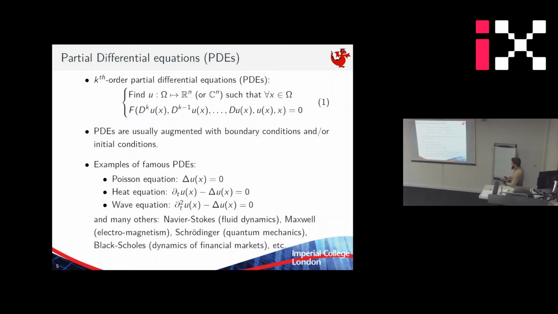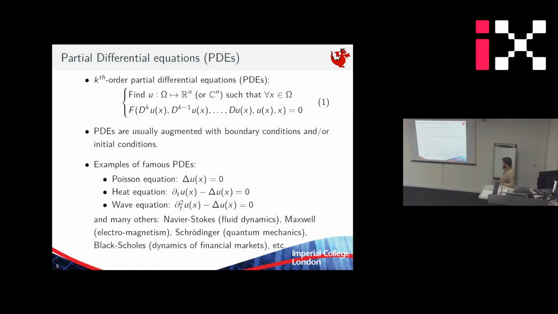Here X is not necessarily spatial. If your domain is a spatiotemporal domain, representing a geometry times time, your derivatives can also involve time, not only derivatives of your solution with respect to space but also with respect to time.